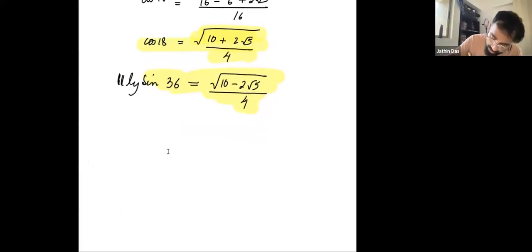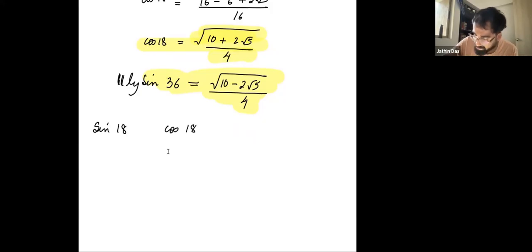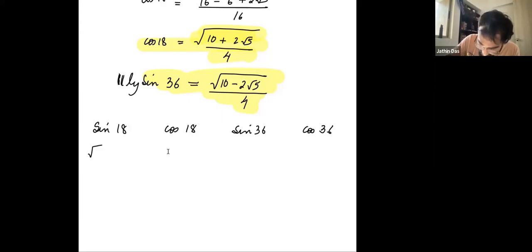Now, what I would suggest is, I'll write a table like this: sin 18, cos 18, then sin 36 and cos 36. Cos values will always be bigger than sin values, as you have observed every time. Sin 15 is root 3 minus 1 by 2 root 2, cos is root 3 plus 1 by 2 root 2. So here, if I write root 5 minus 1 by 4, at the extreme you will write root 5 plus 1 by 4.